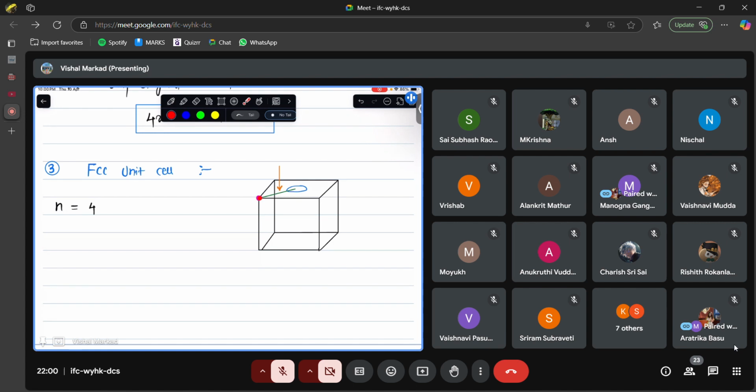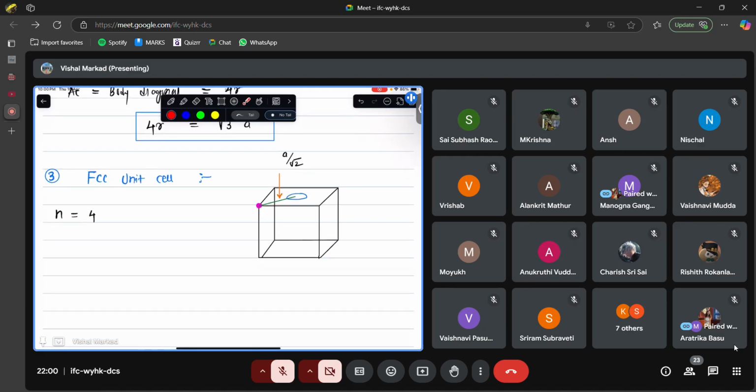Distance from here to here. a by root 2 will be there. Okay, because this entire distance is root 2a, right? So root 2a by 2, that is a by root 2 we will get. Okay, so this is one thing.